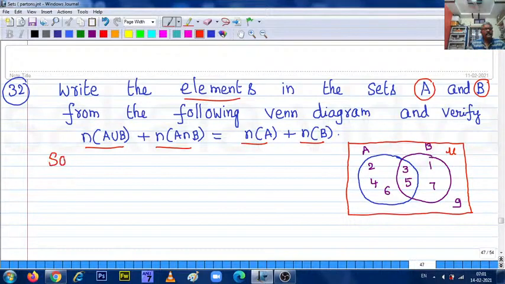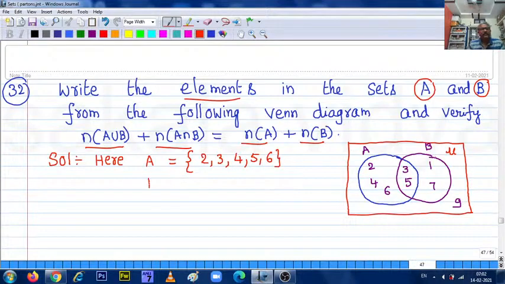Solution: first let us write A. A means the total blue circle, the elements which lie in the blue circle: 2, 4, 6, 3, 5. So we can write 2, 3, 4, 5, 6. This is set A.